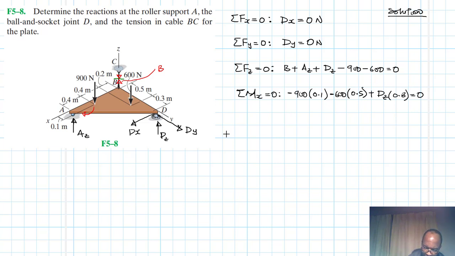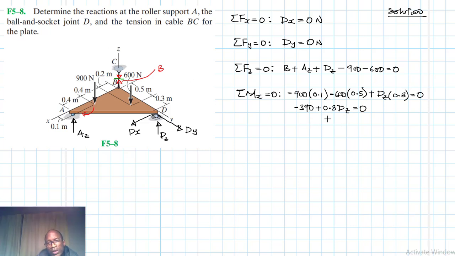So we have minus 900 by 0.1, minus 600 by 0.5. So this gives us a minus 390. Minus 390 plus 0.8 DZ equal to 0.